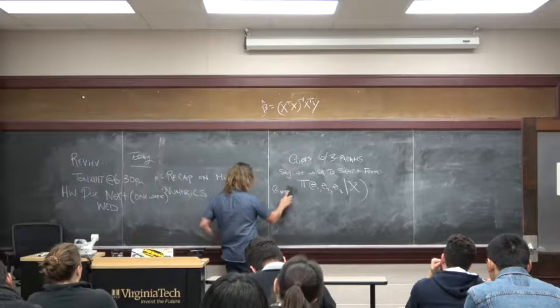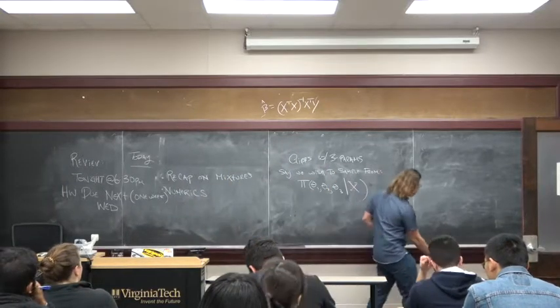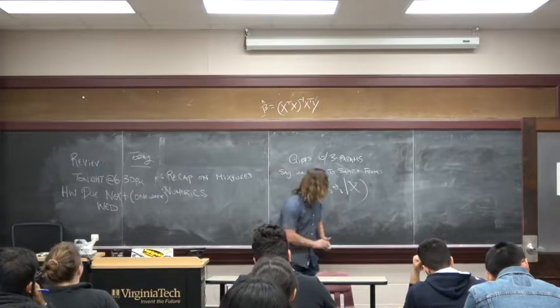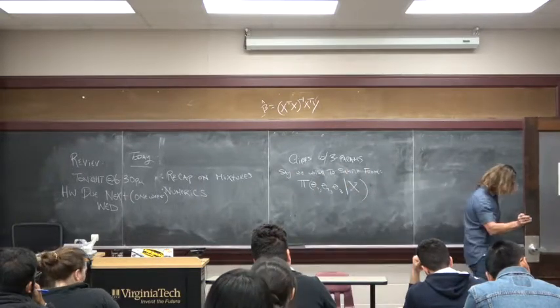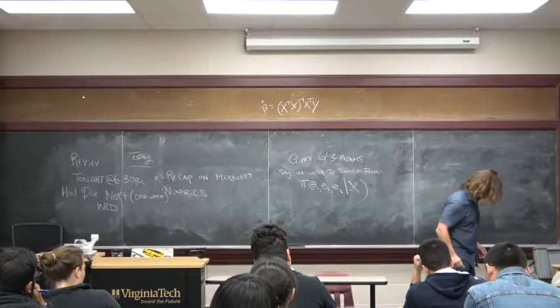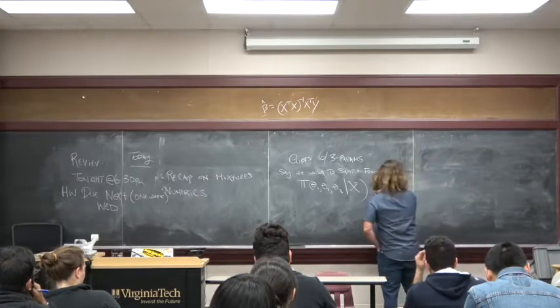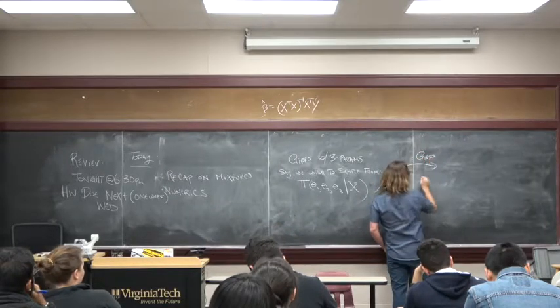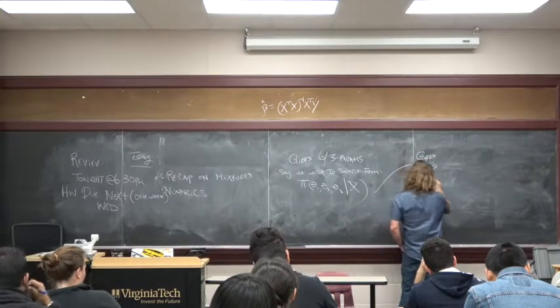You write it over. So Gibbs is this. It's going to run in a for loop.